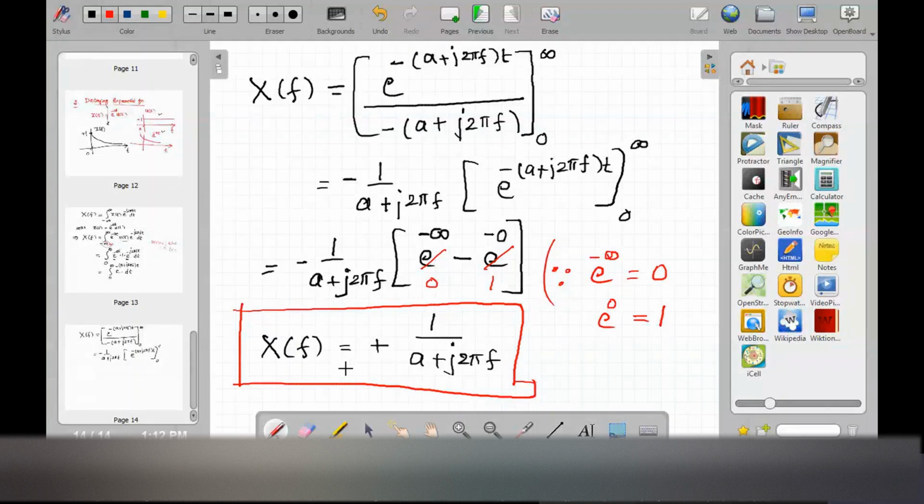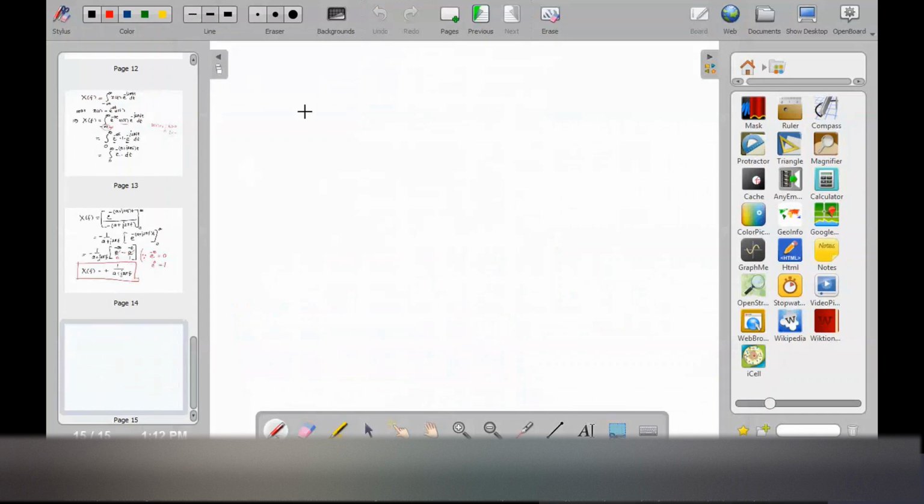Suppose I want to calculate the magnitude of X of f, how do you calculate? X of f I got as 1 divided by a plus j2 pi f.